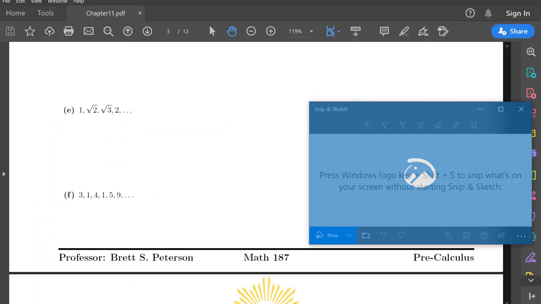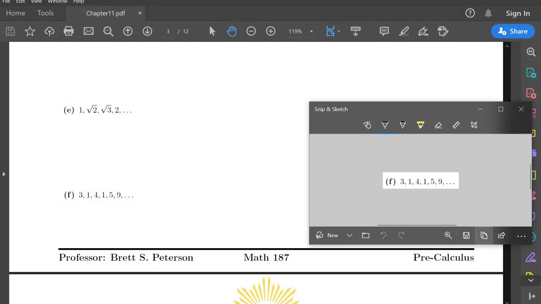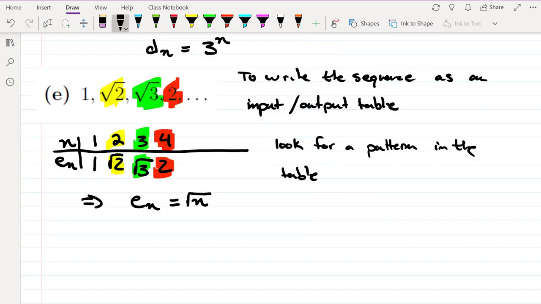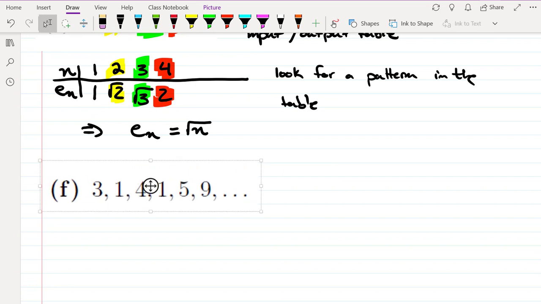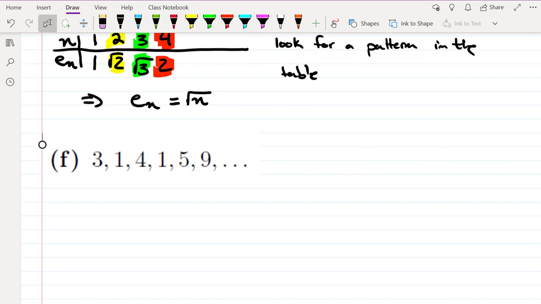All right, so let's take a look at our next sequence. So this one, we have 3, 1, 4, 1, 5, 9. And once again, if we try to add the same thing every single time, that doesn't work. And if we try to multiply by the same thing every time, that also doesn't work. So we could try to make a table, but for this sequence, we can't actually write down a very nice general term.